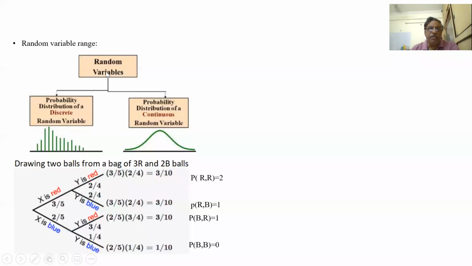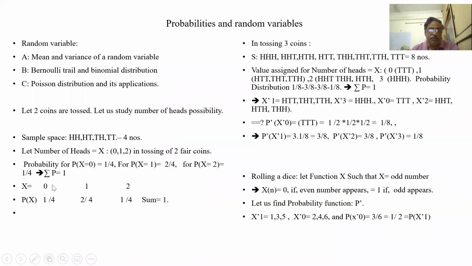So the variable can be a discrete variable. Discrete means like 0, 1, 2. Number of heads, it cannot be 1.1, 1.001, 1.00001. It's not a continuous curve like sine theta. Sine theta is a continuous curve, cos theta is a continuous curve.